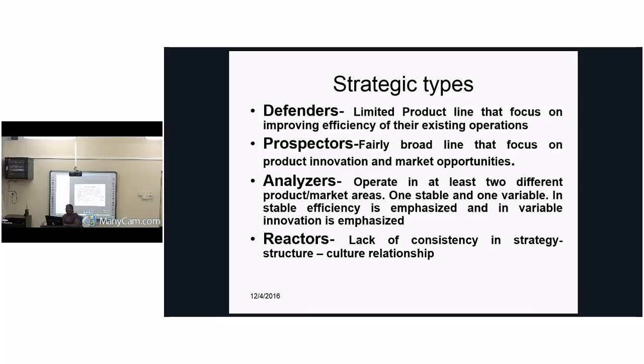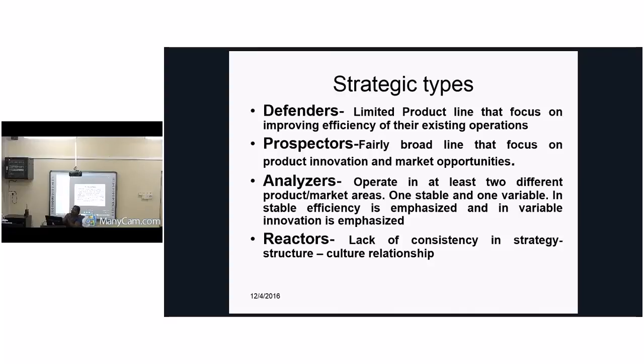Defenders, prospectors, analyzers and reactors. So, defenders have a limited product line that focus on improving efficiency in existing operations. So, defenders have a very limited, very narrow product line.